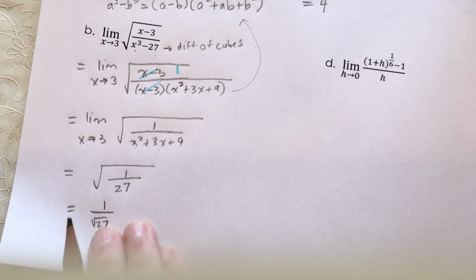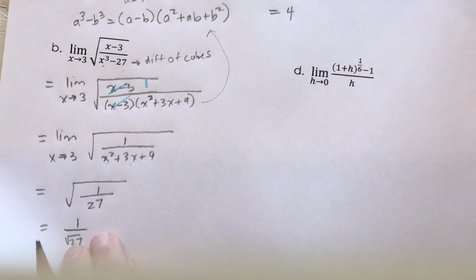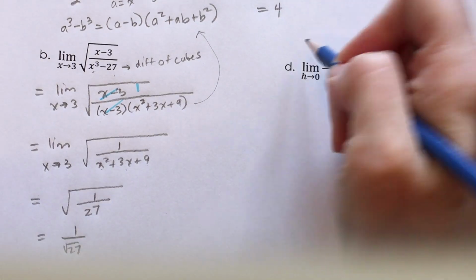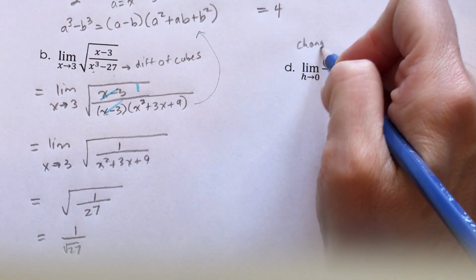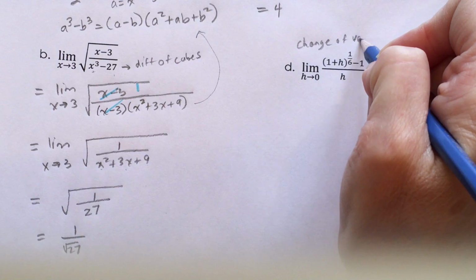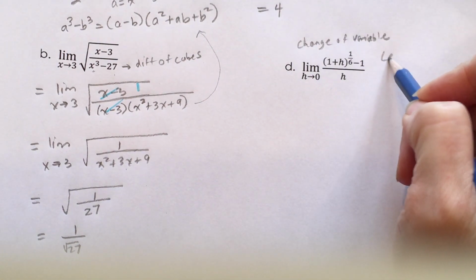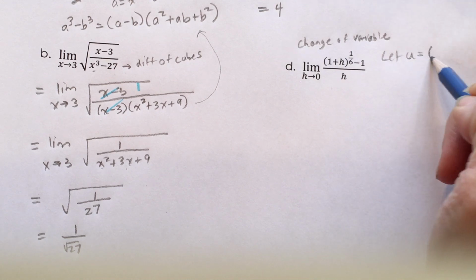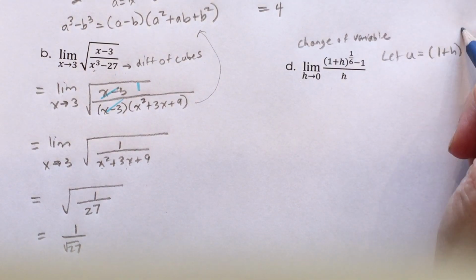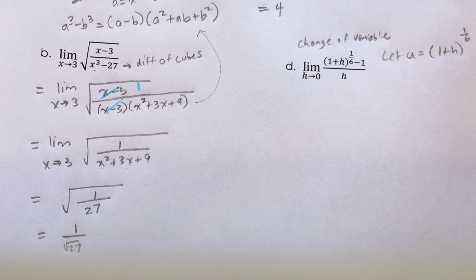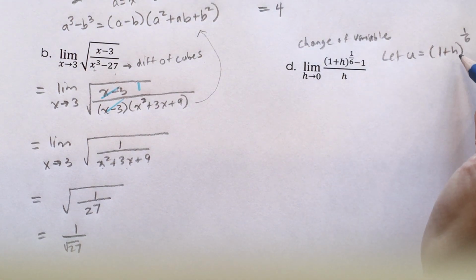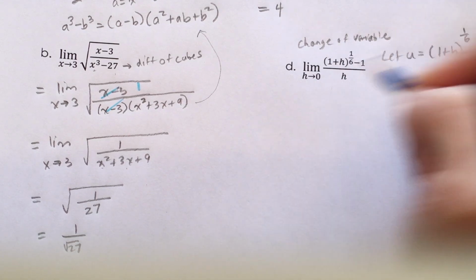Next one, if we look at D, definitely looks like a change of variable question. Okay, so we're going to let u equal what looks complicated here, so that's 1 plus h to the 1/6. And then we want to get h by itself because we need to know it.